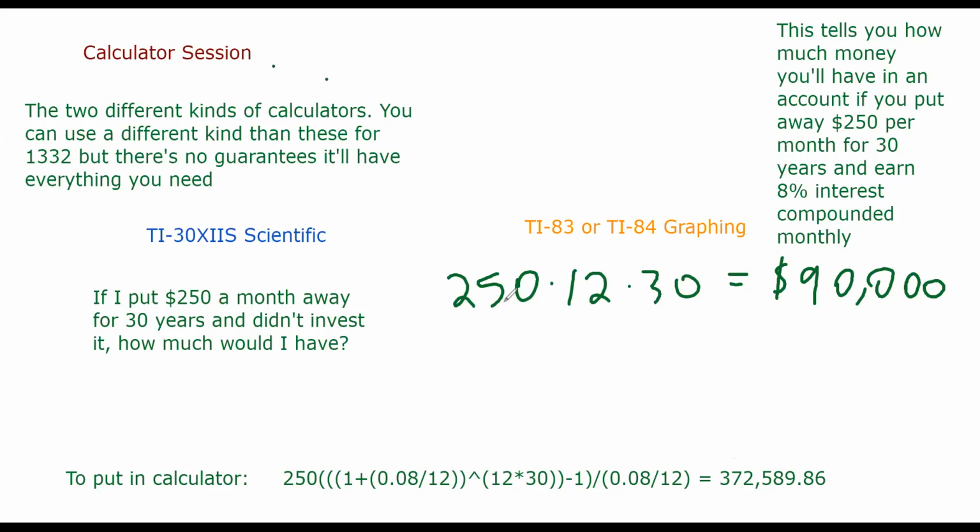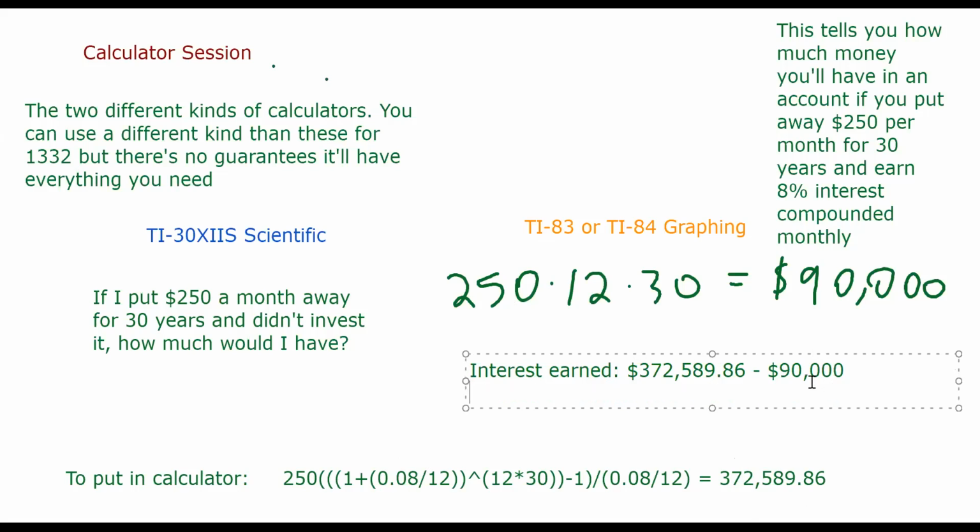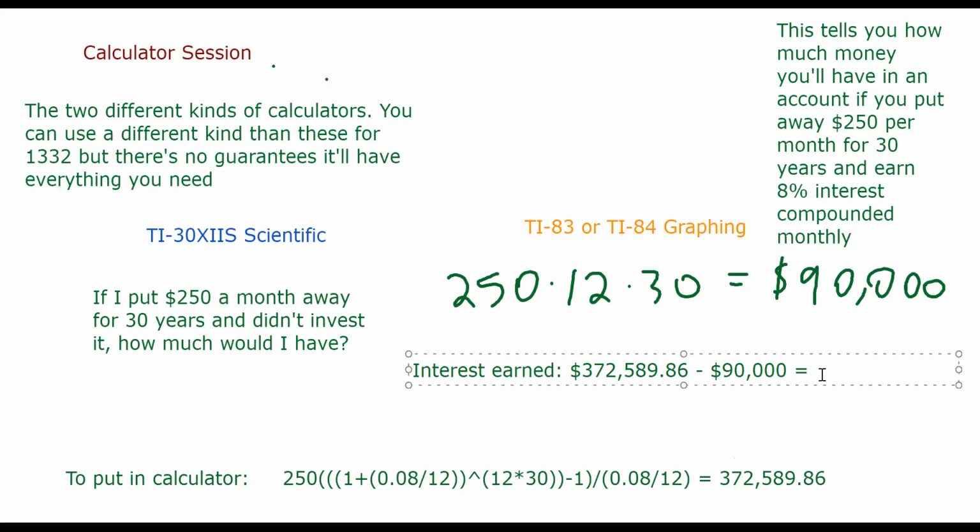And you can figure out the interest earned on the account, that is the difference between what the investment account earned you, which is this much, and what you would have earned had you not invested it at all. And it looks like that's going to be 282. You earned almost $300,000 just by investing the money, more than you would have if you put it under your mattress.